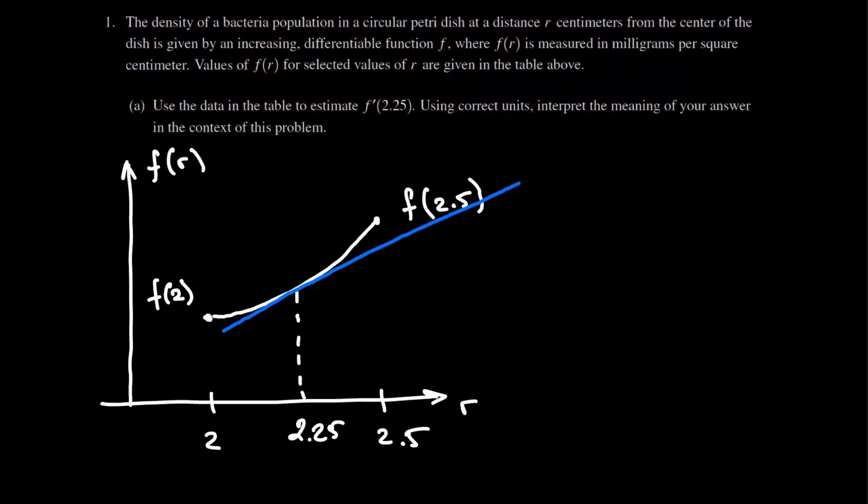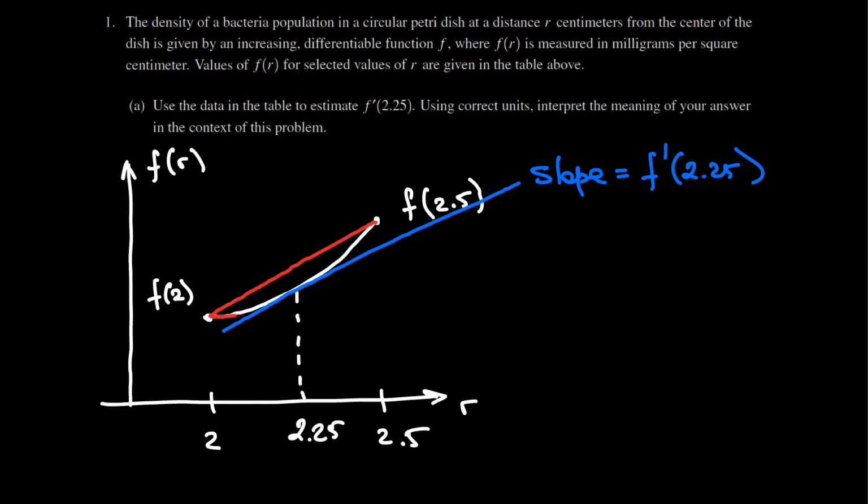So we need to approximate the slope of this line, which is exactly equal to the derivative at the point 2.25. And how can we approximate it? Given that we have only that information, we can approximate it with the slope of this line, which goes through the points f of 2 and f of 2.5.